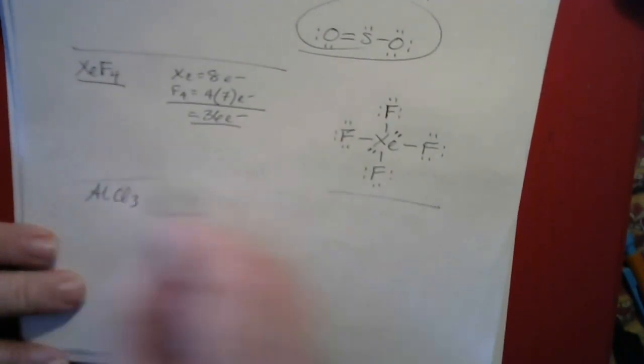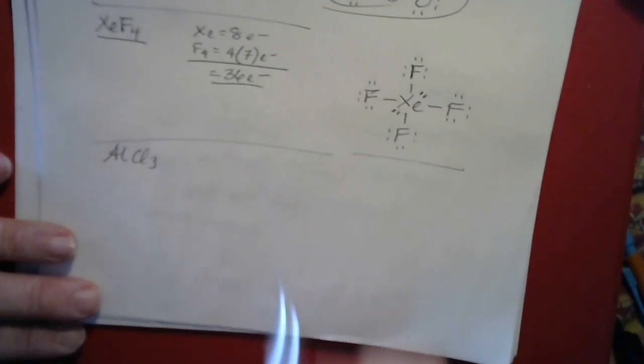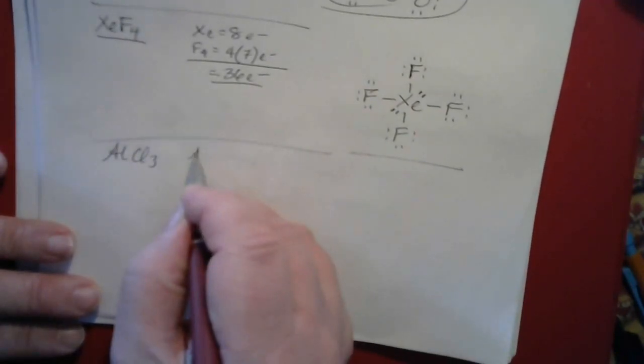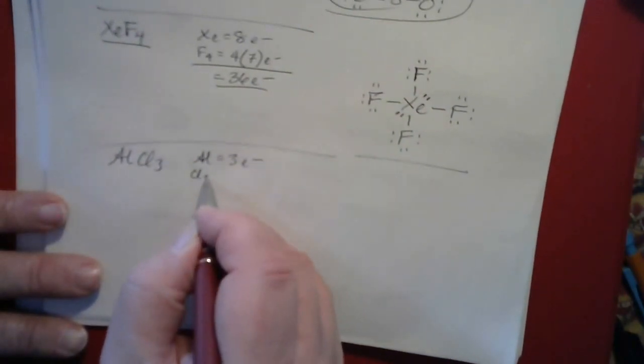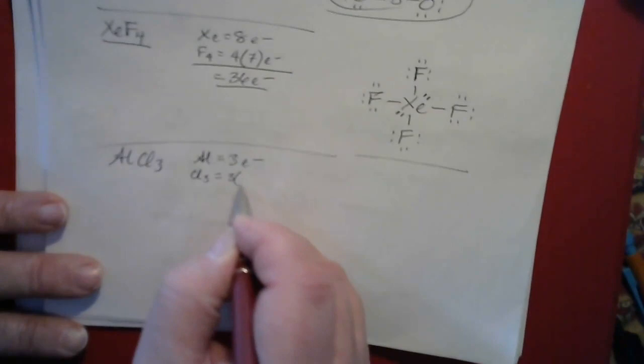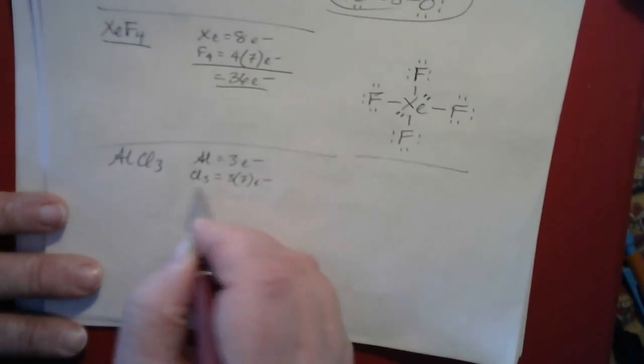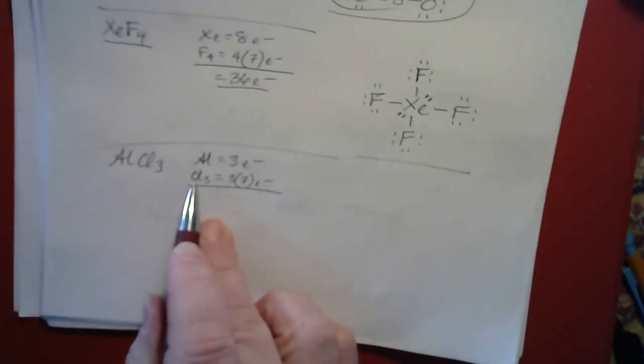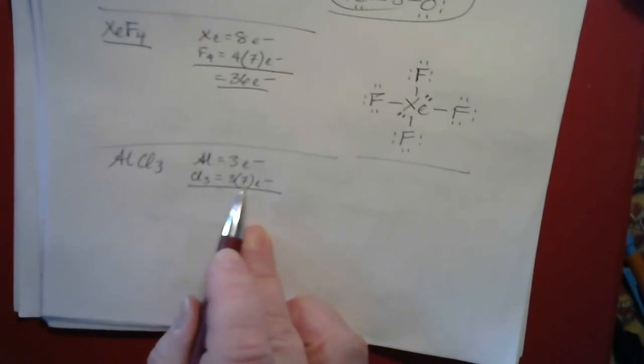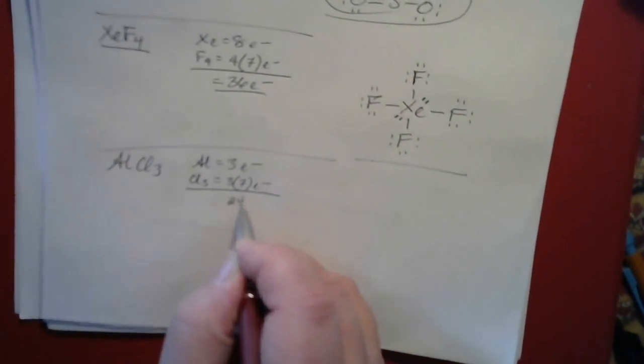One other I can think of, electron deficient, AlCl3. Aluminum chloride. Aluminum only has 3 valence electrons. Each chlorine has 7 electrons, and there are 3 of them, so that's 21 plus 3.